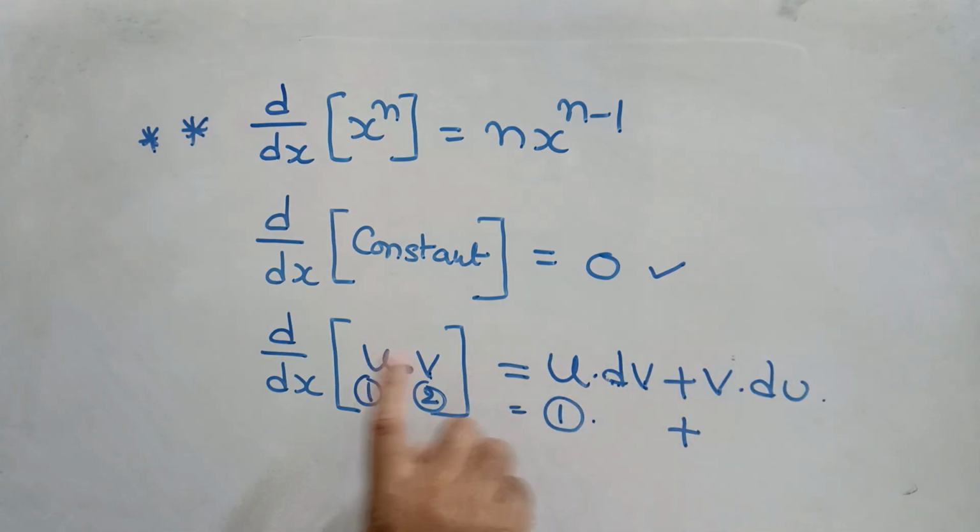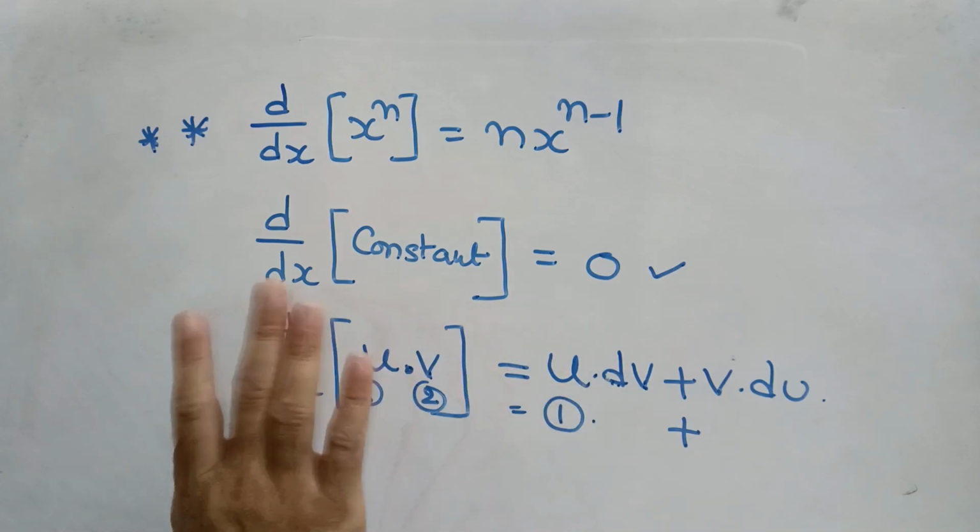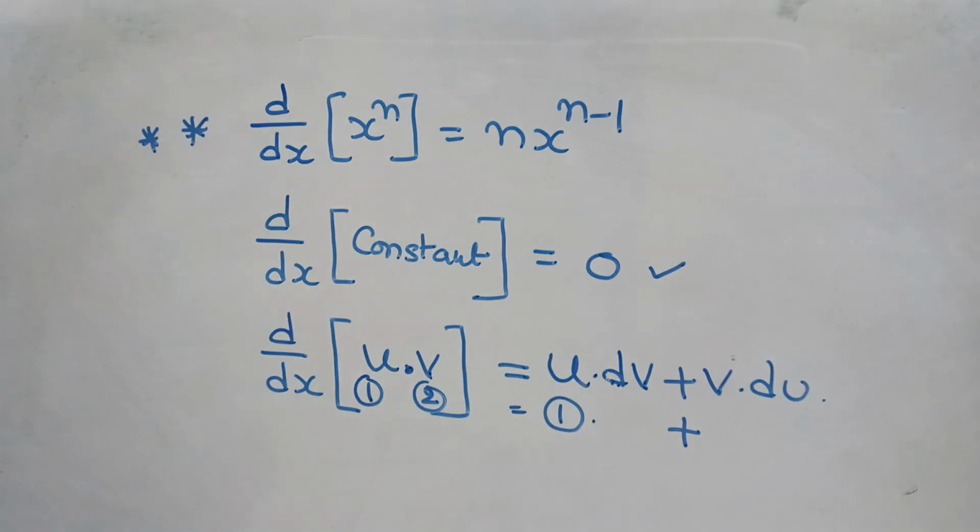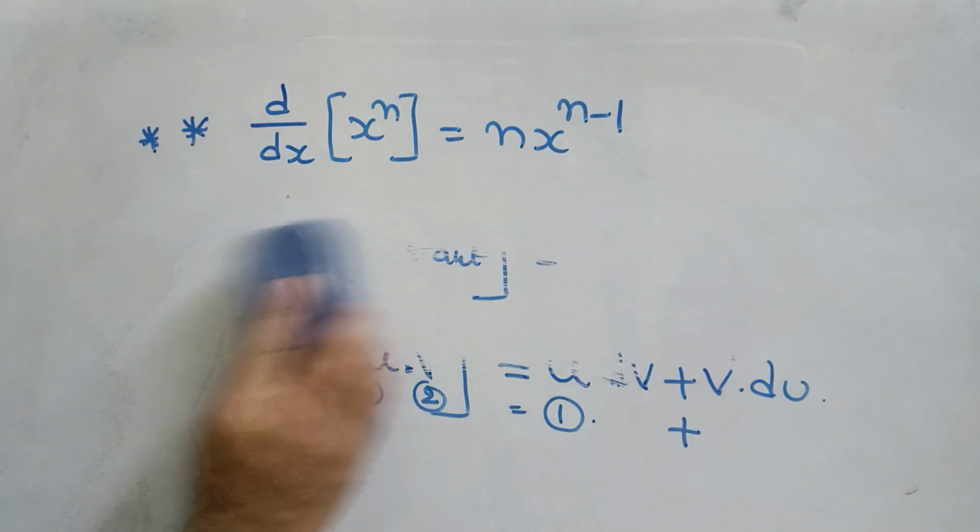Understood? This can be easily understood while solving the problem. Don't feel any confusion with this formula. It's a very simple formula. While solving the problem, you will feel it very easy. Just remember this formula for the time being.